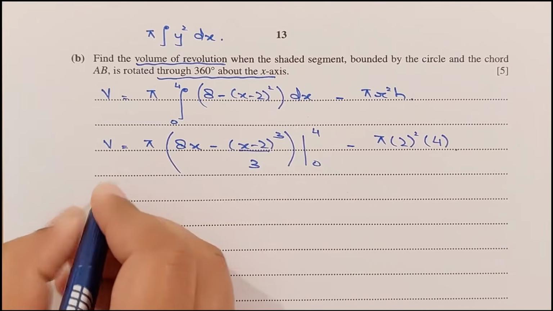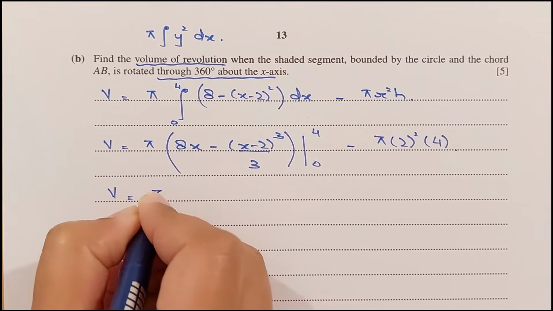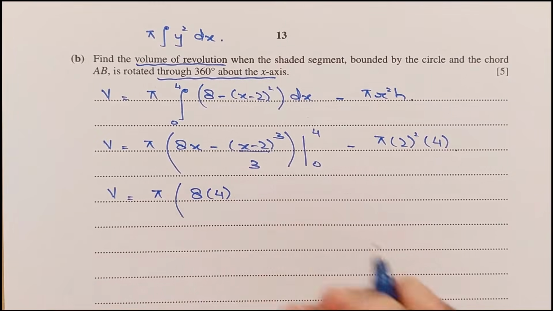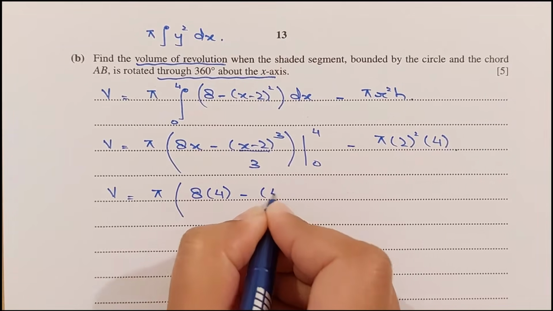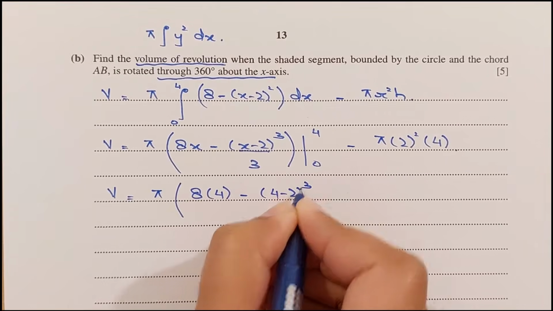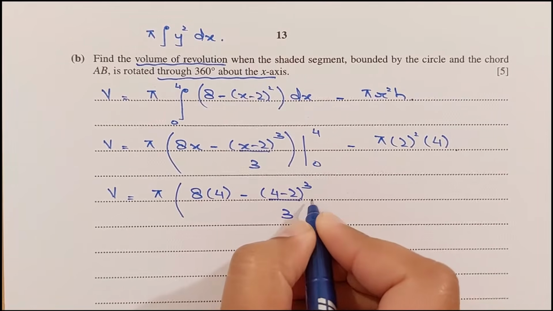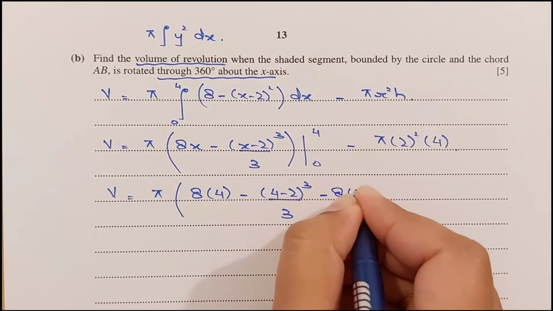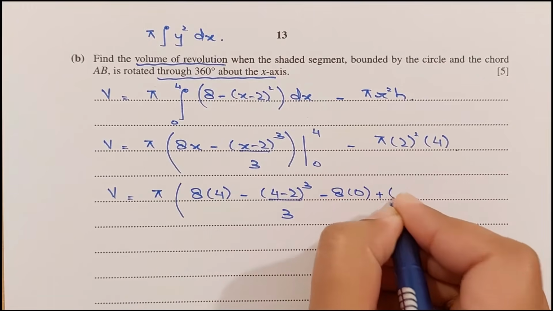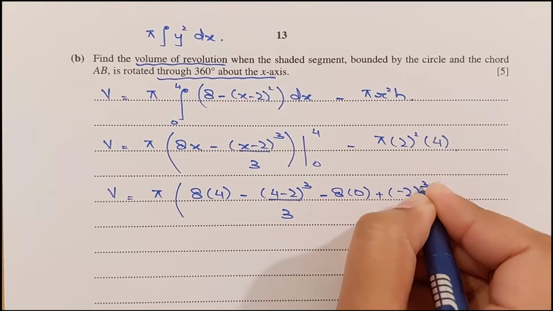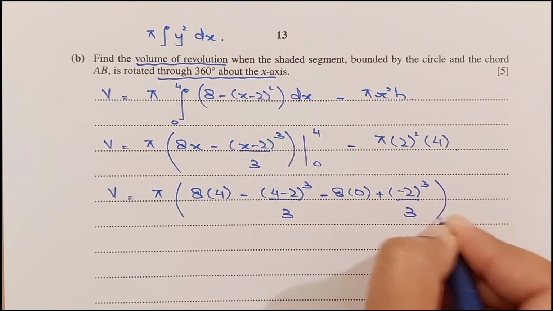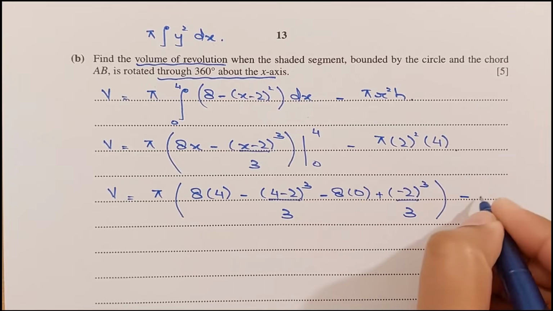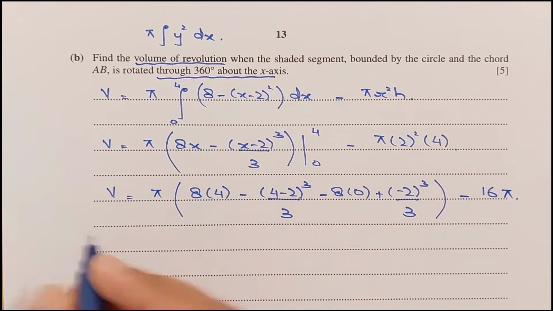Let me substitute the limits. Upper limit: 8 times 4 minus (4 minus 2) cubed over 3. Subtract the lower limit: 8 times 0 minus (0 minus 2) cubed over 3. And 4 times 4 is 16 pi.